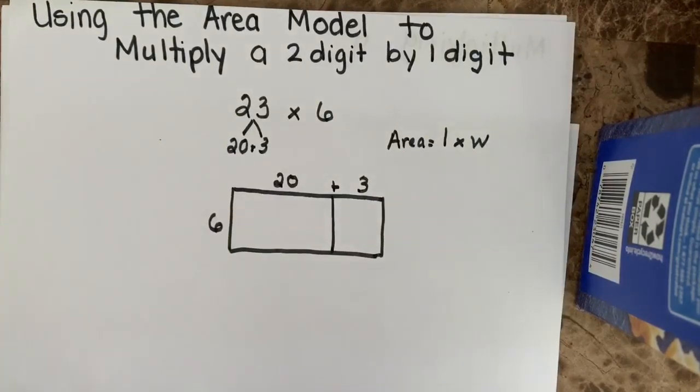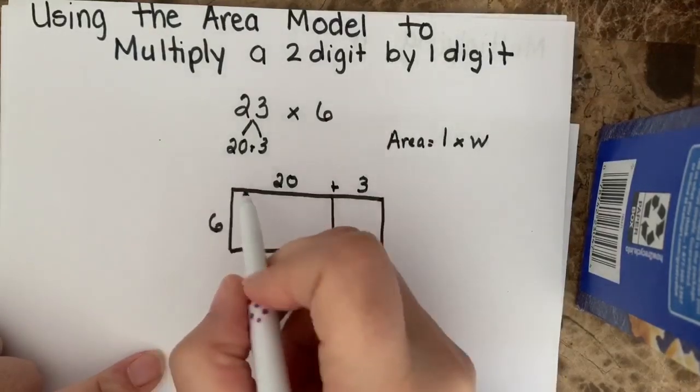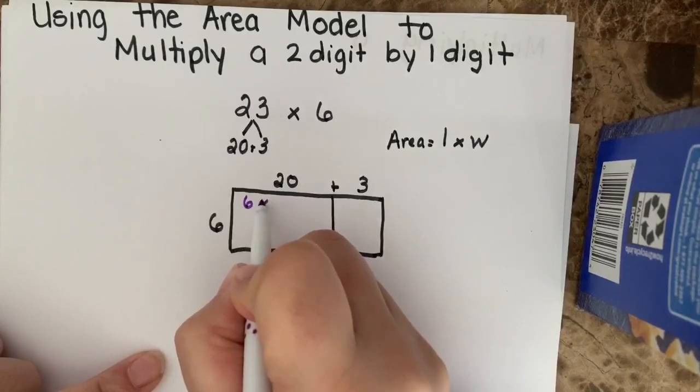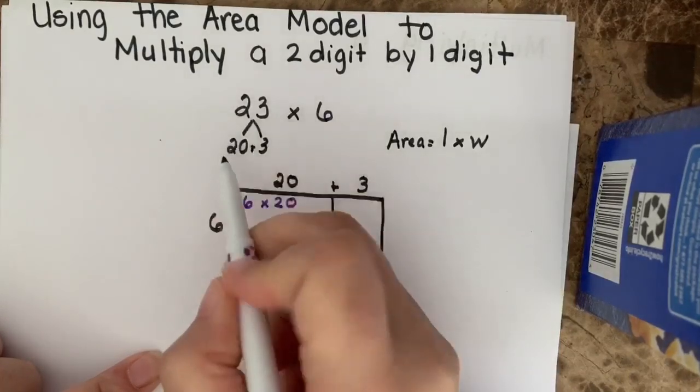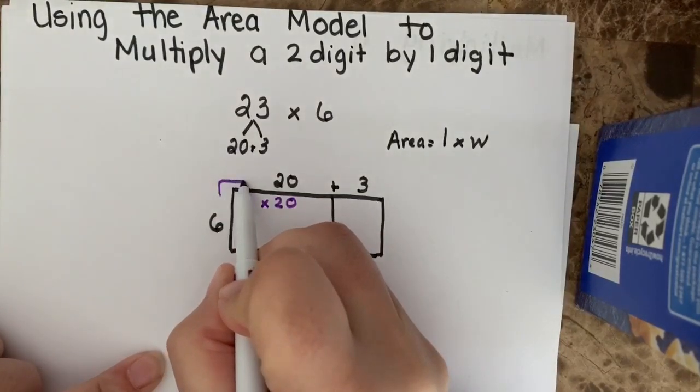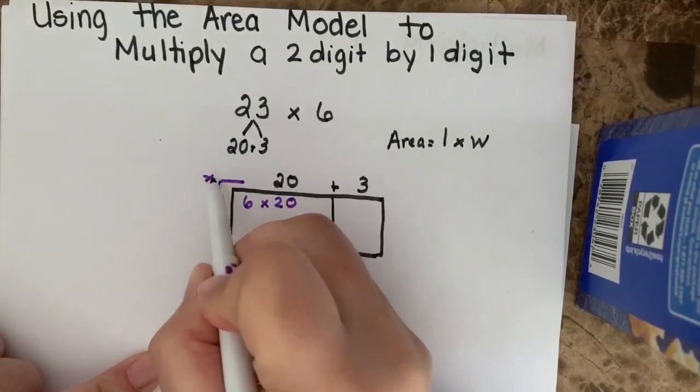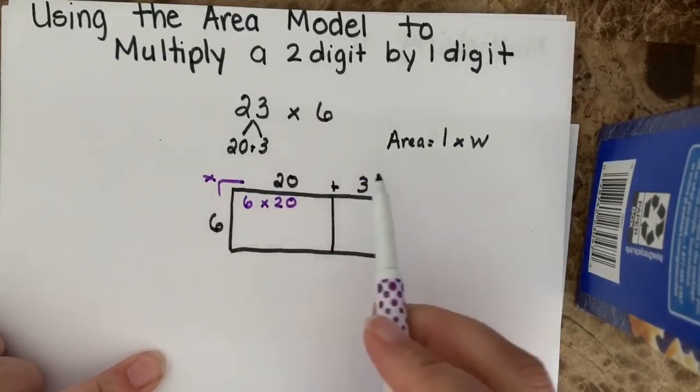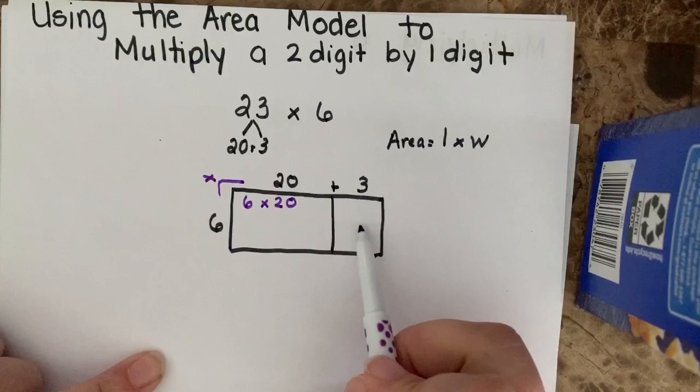So what I'm going to do now is multiply. I'm going to start over here with 6 times 20 for this first box. And I'm going to connect these two numbers to show that I multiplied. And I'm going to go over here for the second box.